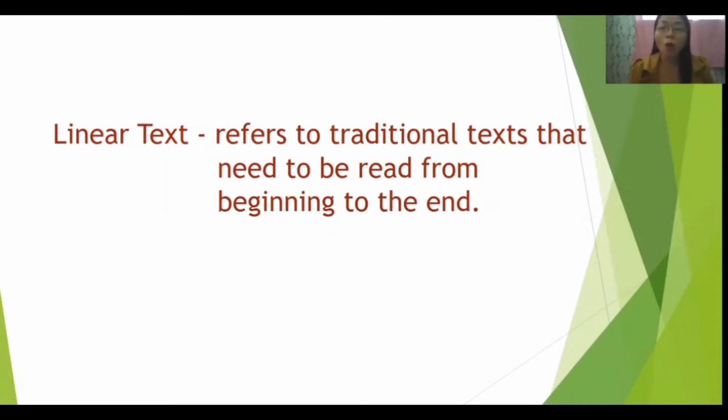Now, what is linear text and how does it differ from nonlinear text? Linear text refers to traditional text that needs to be read from beginning to the end. Here, the reader makes sense of the text according to its grammatical and syntactic arrangement of words.